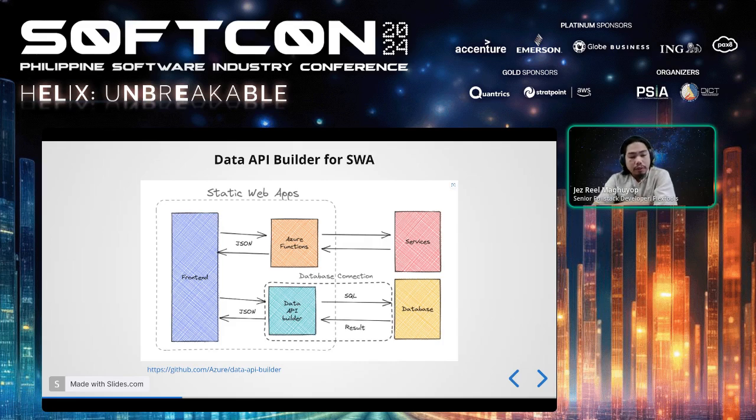For Azure Static Web Apps, the default directory is the API folder. You just create your Azure Functions in that API folder, and once you deploy it, it gets automatically detected. But if you put your Azure Functions in a different folder, then you have to do extra configuration to say, okay, this is where my APIs are located.